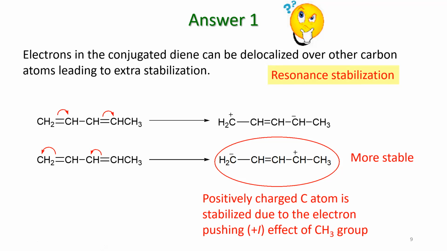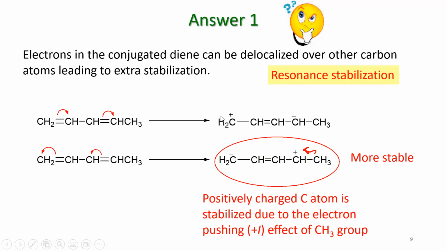So it pushes electrons like this. When it pushes electrons, the positive charge is partially neutralized, like it gives electrons. So the positivity of this carbon atom is less in this case.